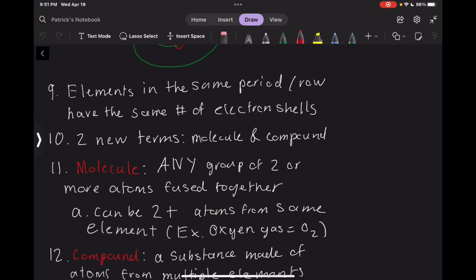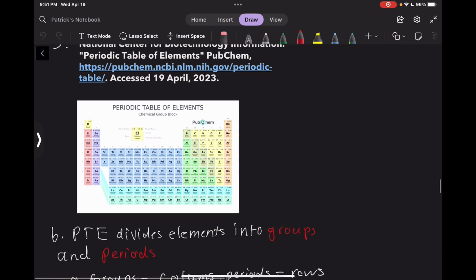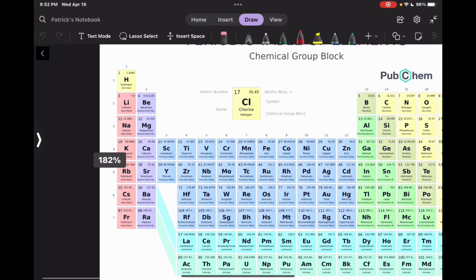Of course, elements are not placed solely based on their number of valence electrons, and groups are not the only parameter by which the periodic table is divided. The periodic table is also divided into 7 periods, or rows, and these are denoted by the numbers running up and down on the left-hand side of the image.